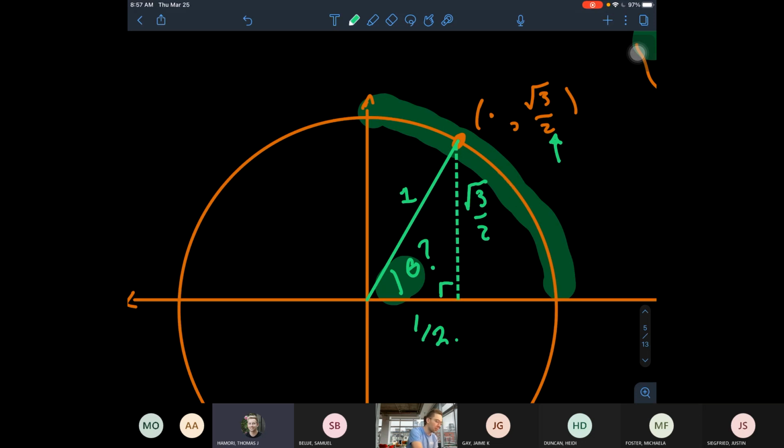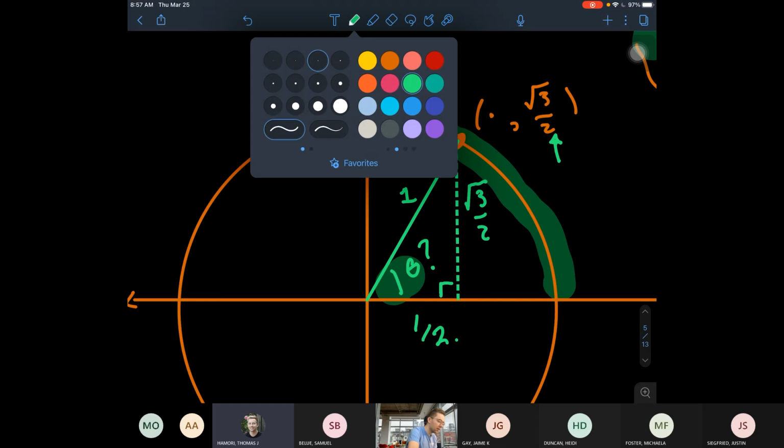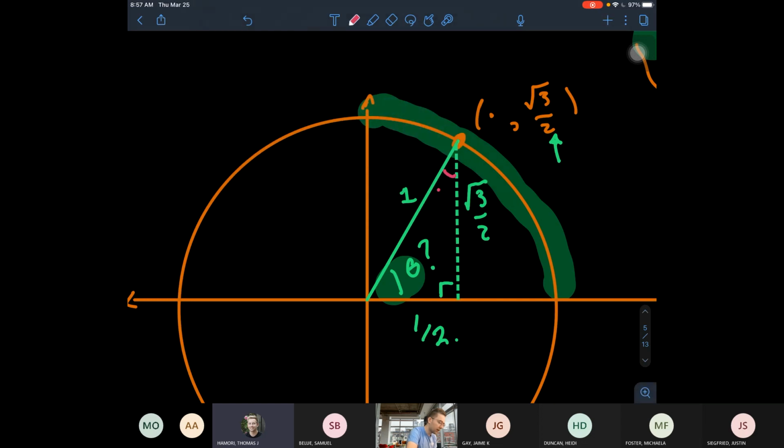But one thing we want to remember is that the shortest side length, which in our case is 1/2, will be across from the smallest angle. So since 1/2 is smaller than square root 3 over 2, since square root 3 is larger than 1, we know that the smallest angle, this angle up here, is going to be 30 degrees.